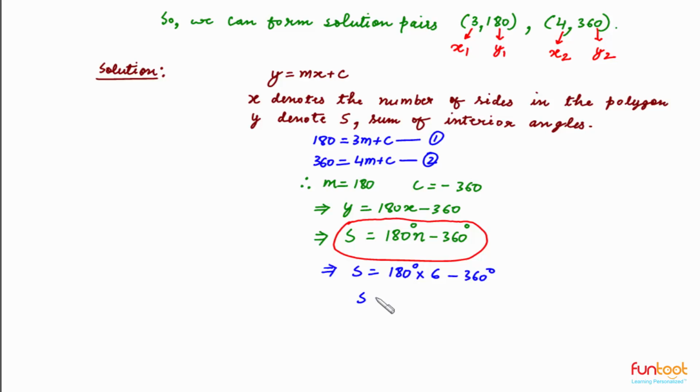So S is equal to 1080 degrees minus 360 degrees. So S indeed comes as 720 degrees from this formula. That means this formula is correct. So this formula will be true for a polygon with any number of sides.